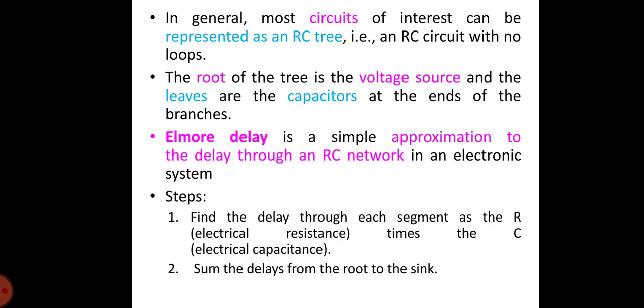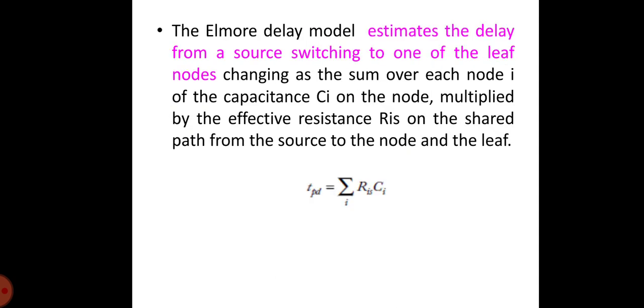So you have to find the delay through each segment as R times C, that is electrical resistance times electrical capacitance, and we have to sum the delays from the root to the sink. The Elmore delay model estimates the delay from source switching to one of the leaf nodes changing as the sum over each node i of the capacitance Ci on the node multiplied by the effective resistance on the shared path from the source to the node and the leaf.